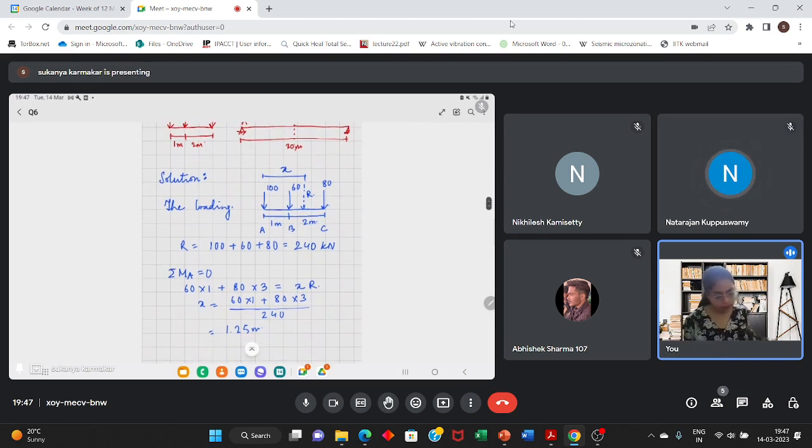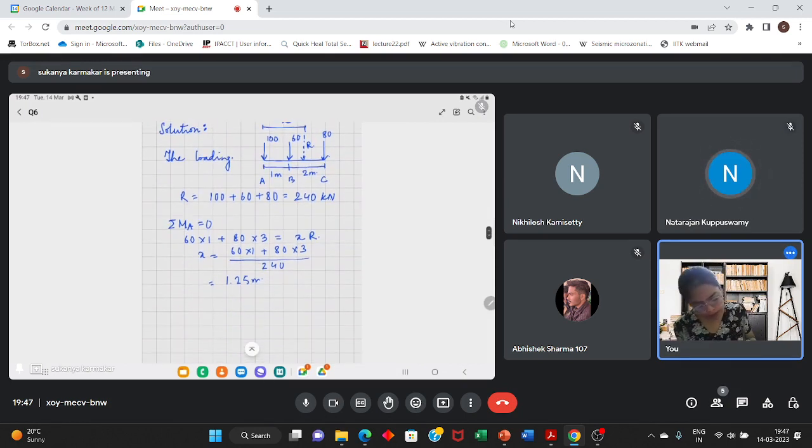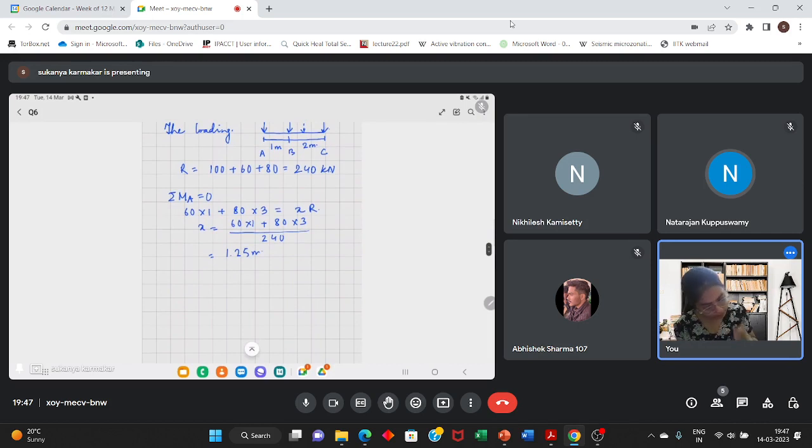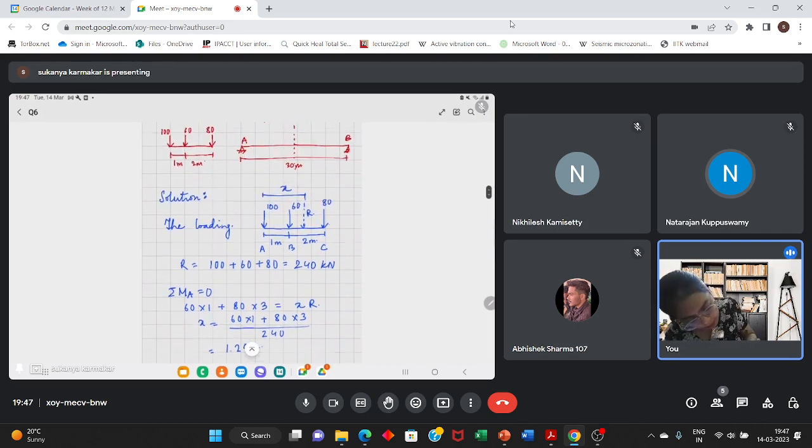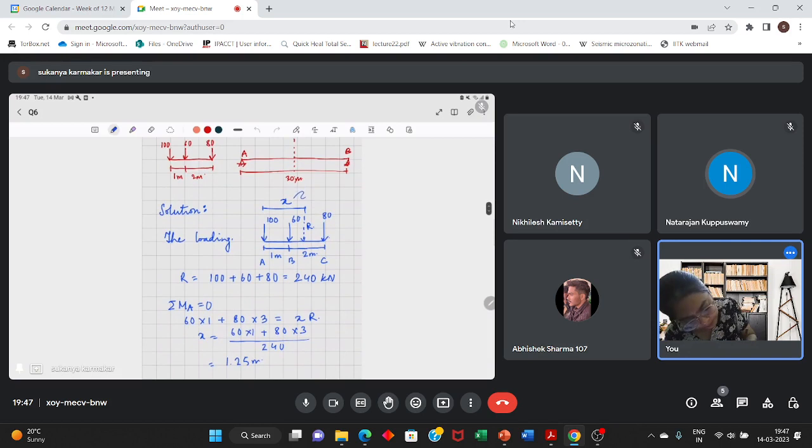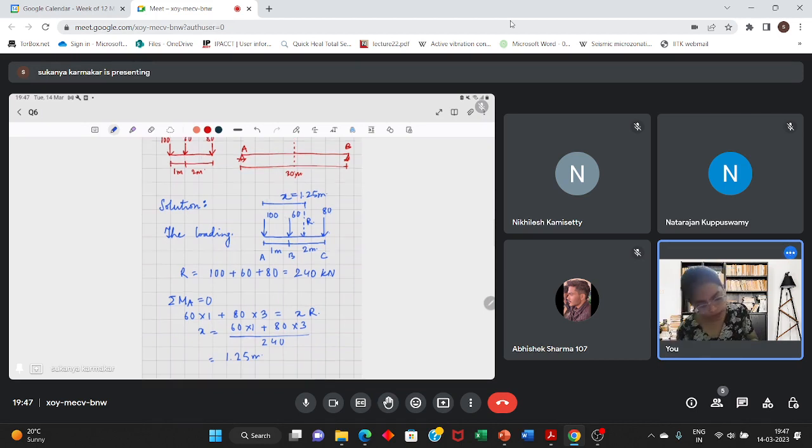So this x comes out to be 1.25 meters. So the maximum bending moment can either occur under the 60 kilonewton load or under the 80 kilonewton load. So let's first consider the case of the 80 kilonewton load.